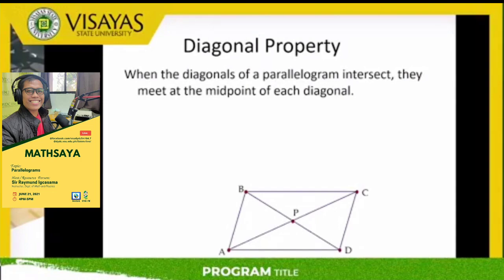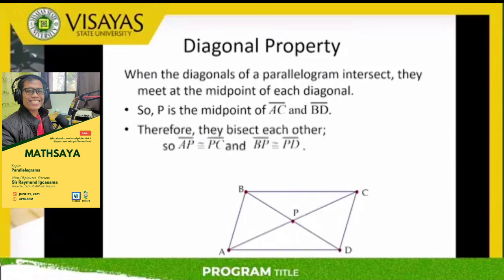AP and PC also have the same length. So P is the midpoint of AC and BD. Therefore, they bisect each other. So AP is congruent to PC, and BP is also congruent to PD. And again, when we say congruent, they have the same measurement or length as well.